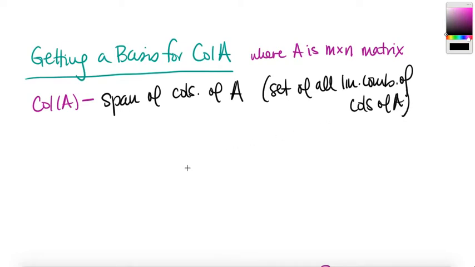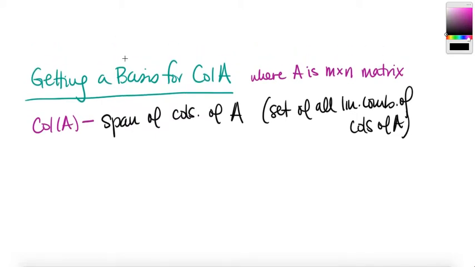All right, and we are trying to find a basis, and let's remember a basis has to be two things. We want a basis for the column space of A. A basis has to span whatever set we're talking about, and it needs to be linearly independent.